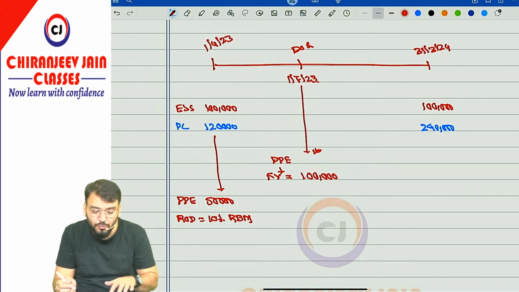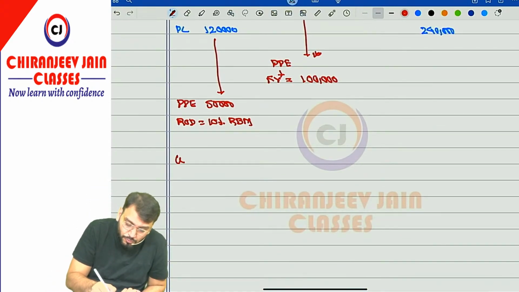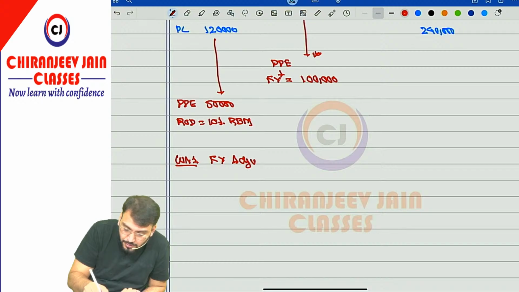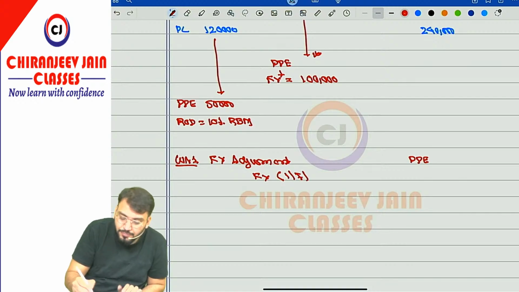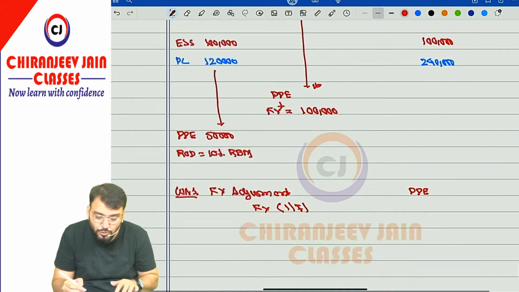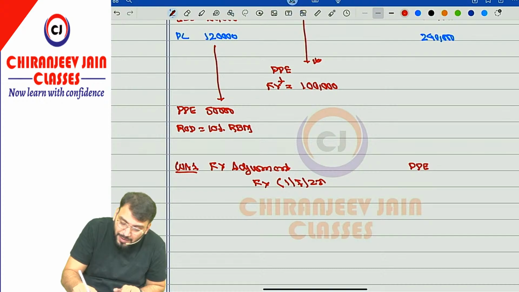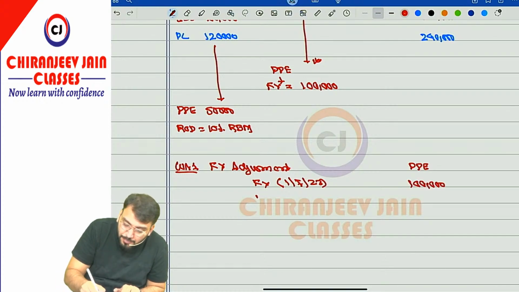So first working note number 1 will be fair value adjustment. We'll first find out fair value of this property, plant and equipment as on 1/7/2023, means on the date of acquisition, 1 lakh is given. And we need to compare this with the book value on the same date.